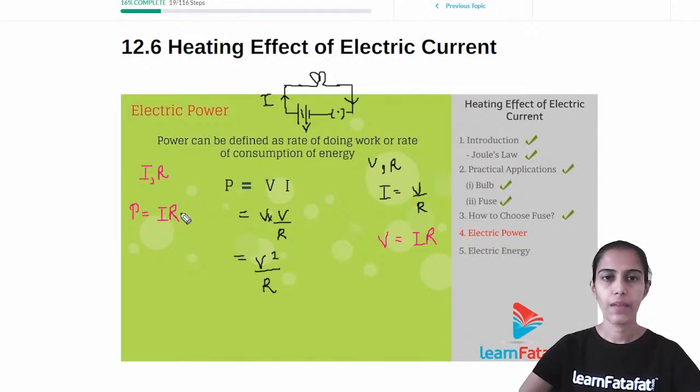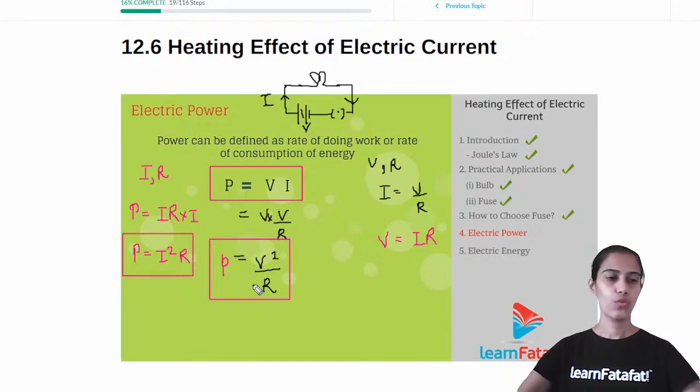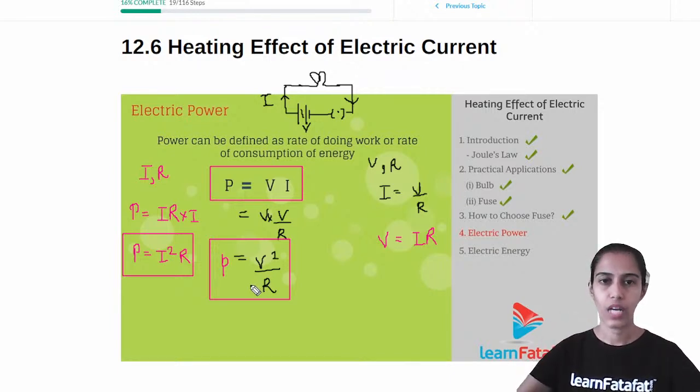V replaced by IR into I, so I will get power is equal to I square R, okay. So look, how many did we get? I have written 3 formulas here. One is P is equal to VI, one is P is equal to I square R, and the third one is P is equal to V square upon R. So when you're doing numericals, you can see what type of data is given in the question. Using that you can decide which formula you have to use. Okay, this is done.